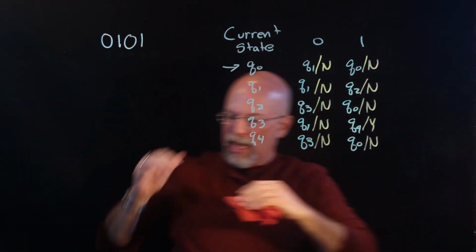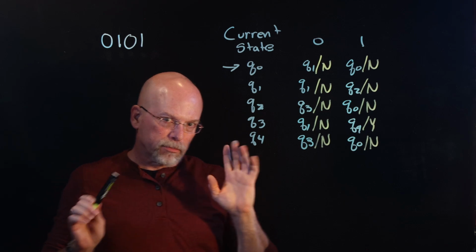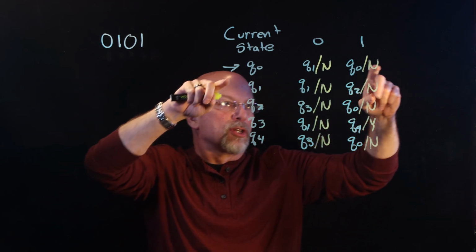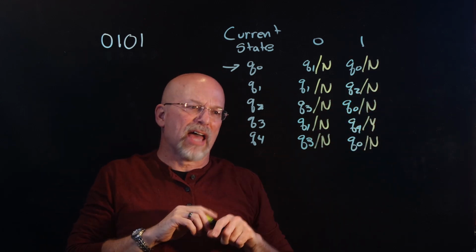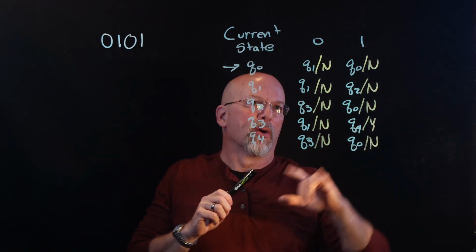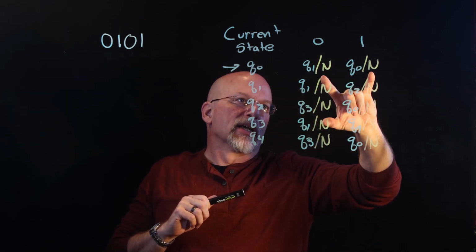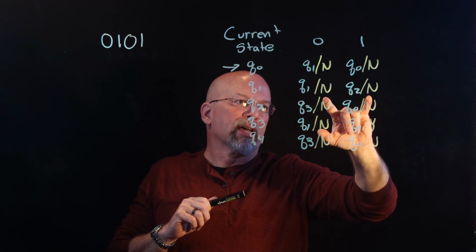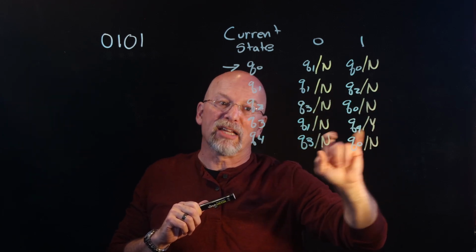Now let's see if we can simplify it. Remember, step 1 said we're going to group together the states that had the exact same output for each one of the inputs. So notice that Q0 has no, no. Q1 has no, no. Q2 has no, no. Q3 has no, yes.